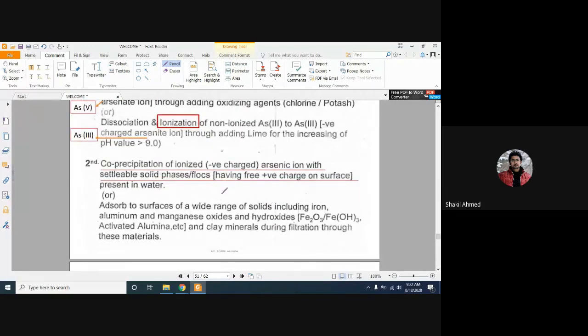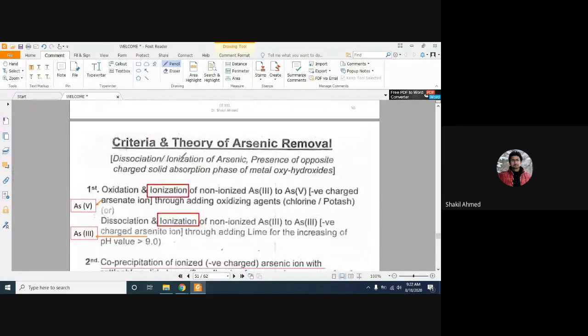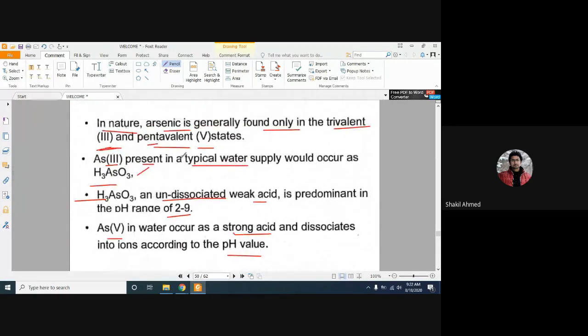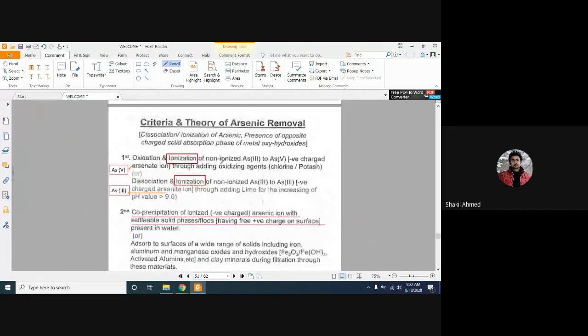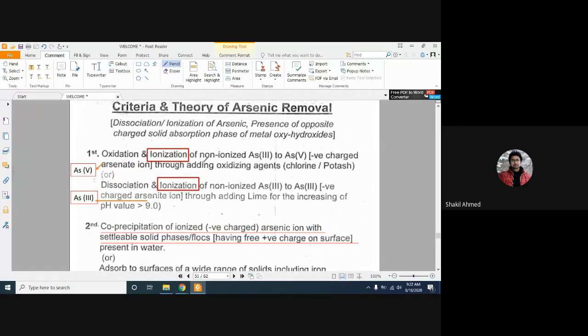So your objective here is oxidation and ionization of non-ionized arsenite to arsenate ion, from this to this, or from this to this. Arsenate ion means pentavalent, arsenite ion trivalent.